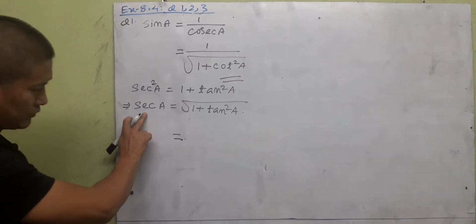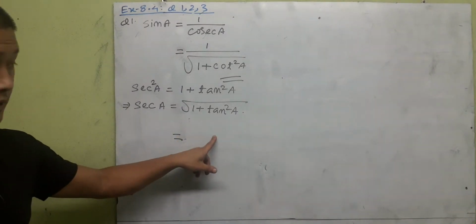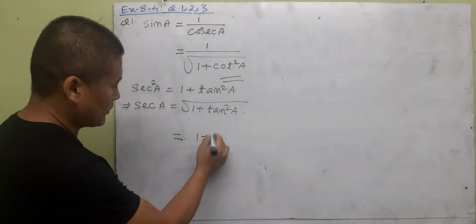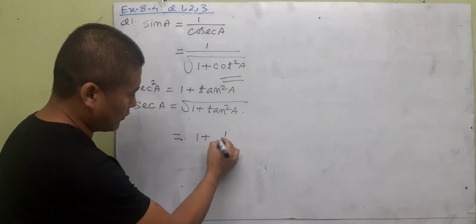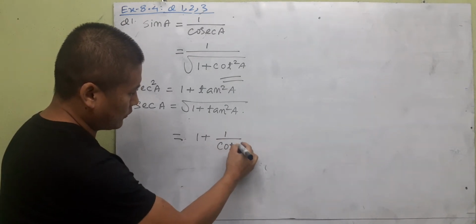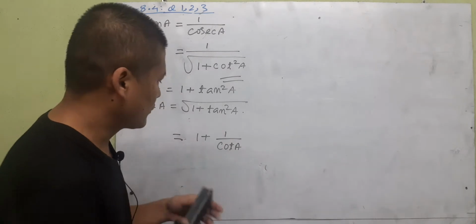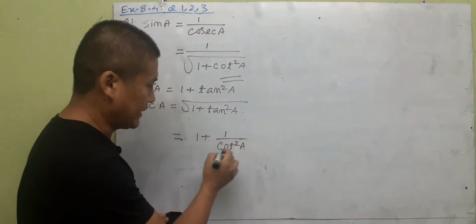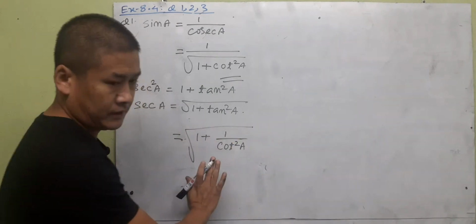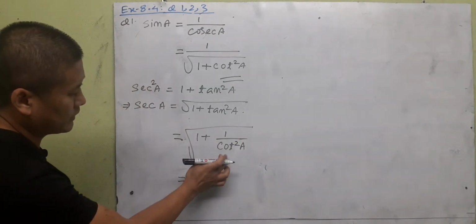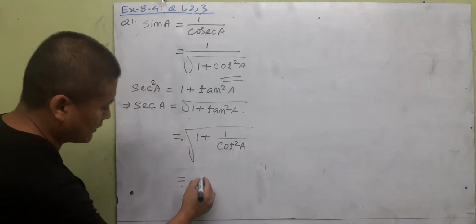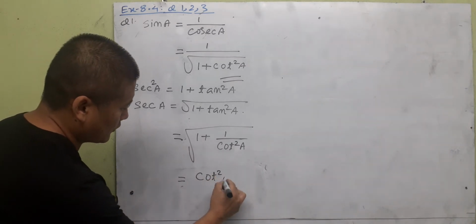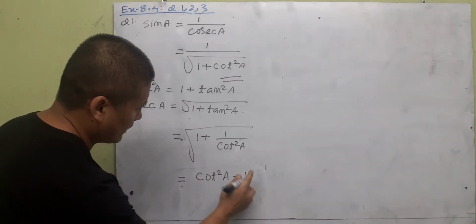But they're asking you to express sec A in terms of cot, not tan. So let's try to change this. Tan A we know is 1 by cot A. So tan square A likewise will be 1 by cot square A. Common sense, right? And root should cover everything. Now look carefully here. Cot square A into 1 is cot square A. Then plus 1.